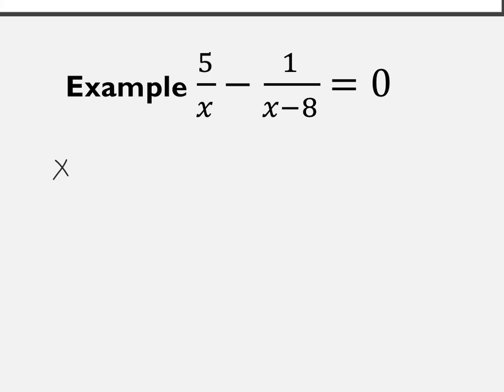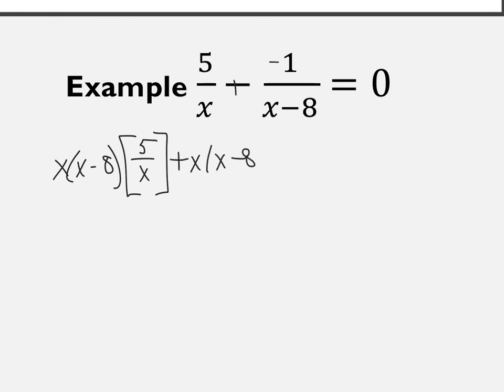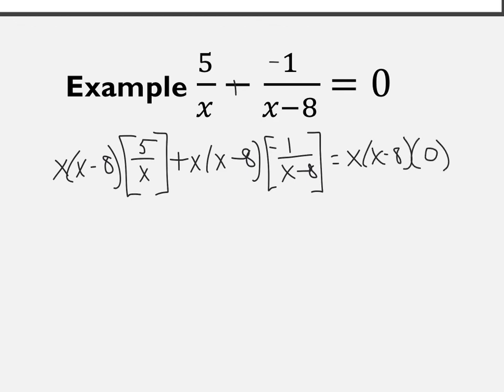So we'll do x times x minus 8, and the first fraction is 5 over x, and then I'm going to change this to plus negative, plus x times x minus 8 times negative 1 over x minus 8 equals x times x minus 8 times 0.